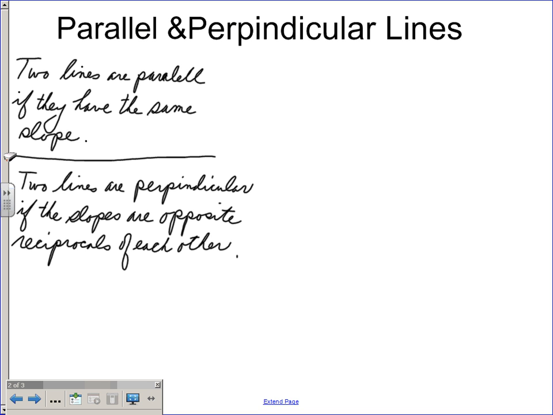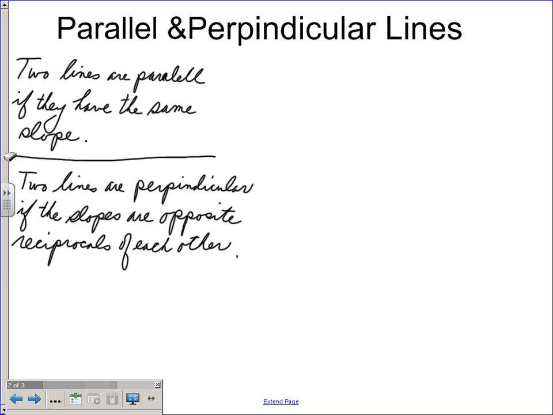Another way to say this, two equations, their lines are perpendicular if the product of their slopes is equal to -1. For instance, if I multiply 2/3 by -3/2, their product would equal -1. So if the product of the slopes is equal to -1, then those two lines are perpendicular.